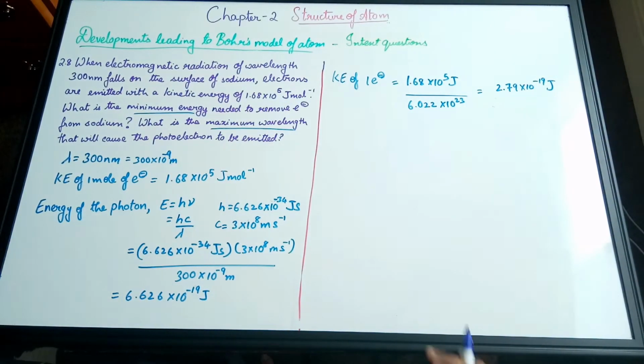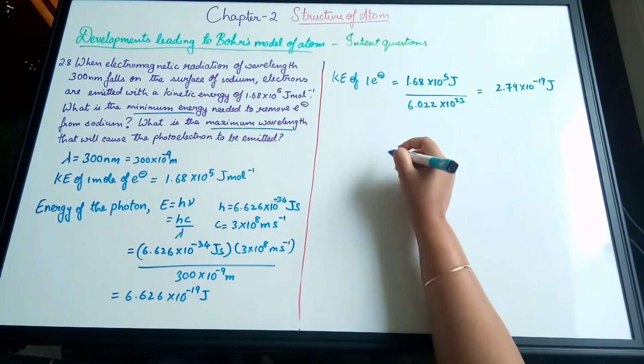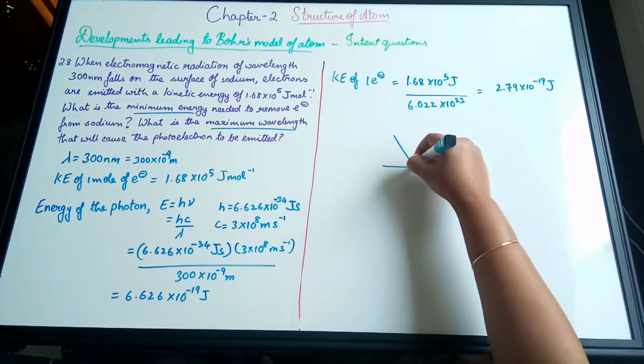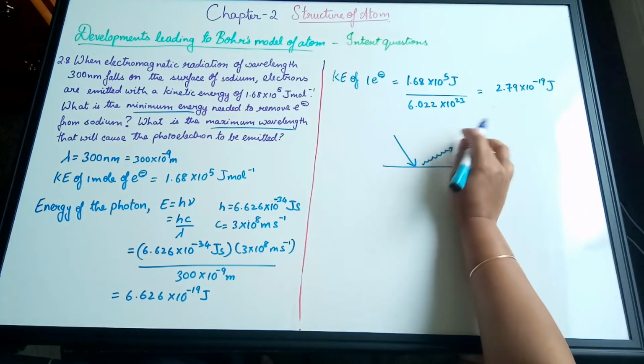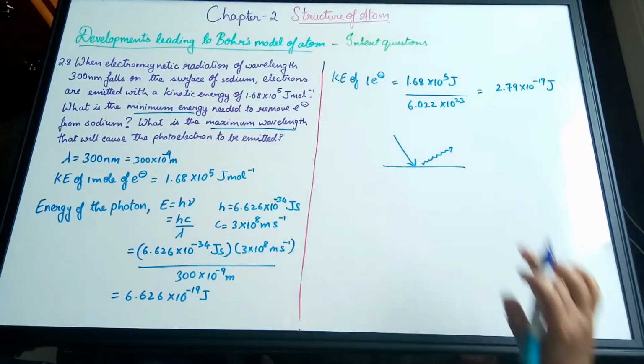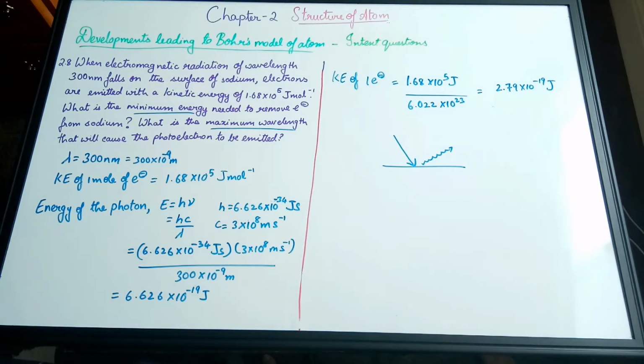Now, the basic concept is when light is hit or when photons are hit, electrons are emitted out. This is the basic concept of photoelectric effect.